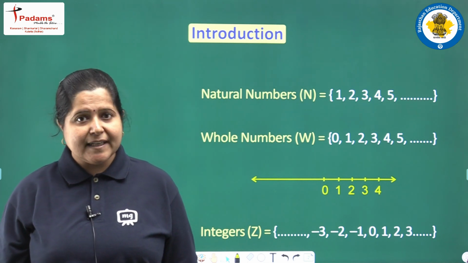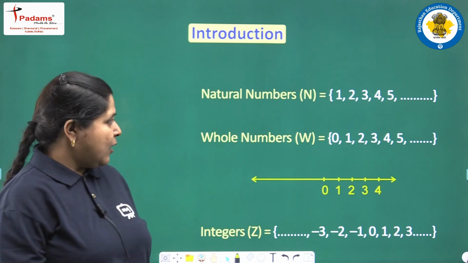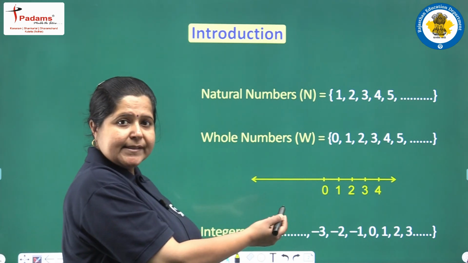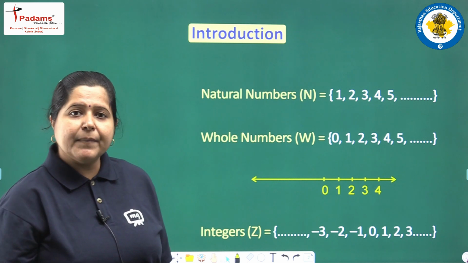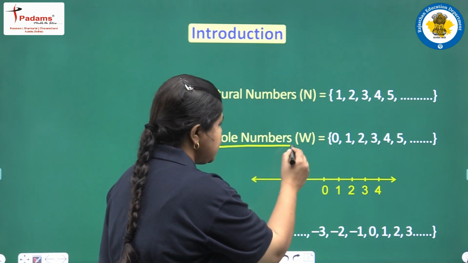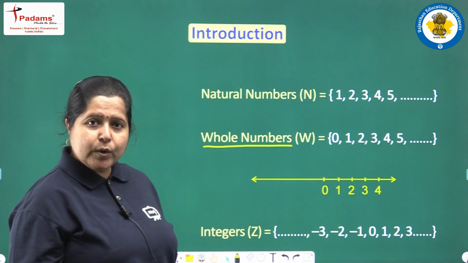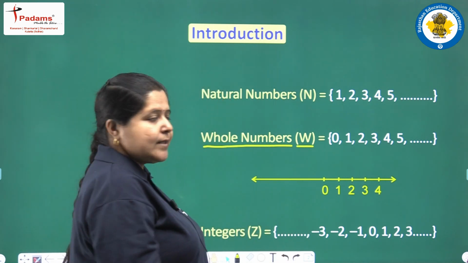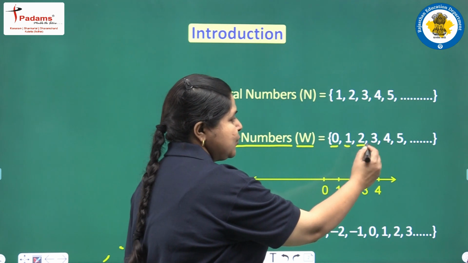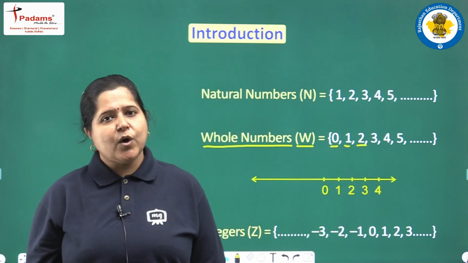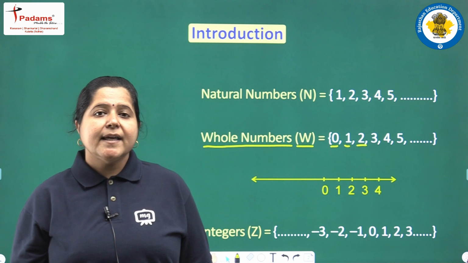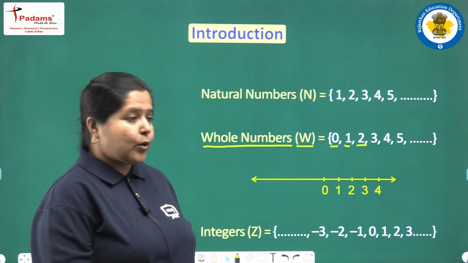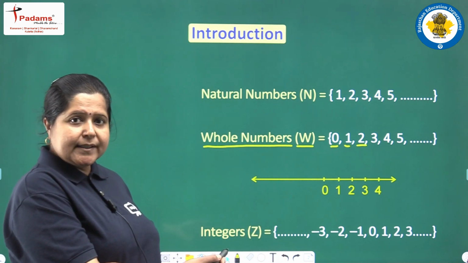Here comes another number 0. And now natural numbers together with 0 form a new set of numbers which is called whole numbers. The set of whole numbers is denoted by capital W and it begins with 0, 1, 2 and so on. It goes on till infinity. These numbers can be represented on a number line as shown here.